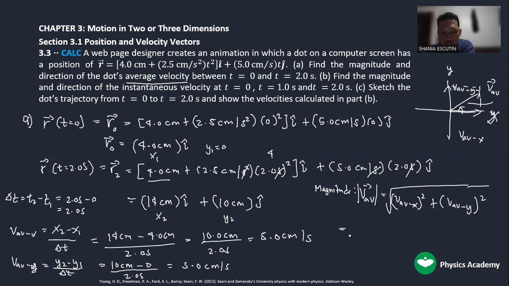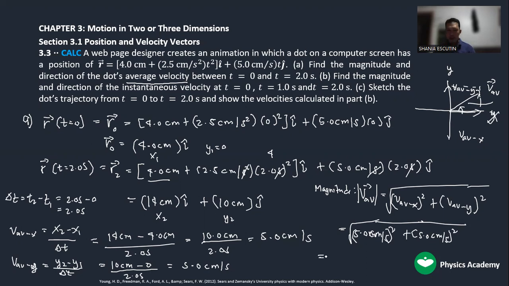So this is the square root of 5.0 centimeters per second squared plus 5.0 centimeters per second squared. We're going to use our calculator.